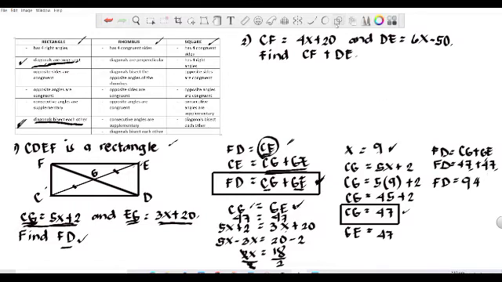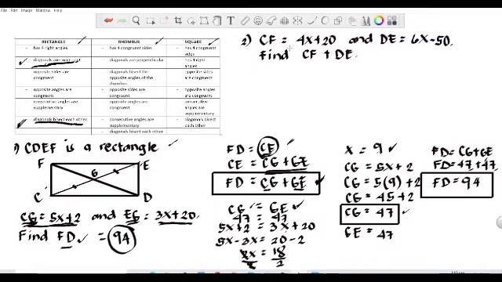So, FD is 94. Therefore, our diagonal FD is equal to 94. So that's it. So we were able to solve this problem applying the properties of a rectangle since our given is a rectangle, right? Let's have number 2.